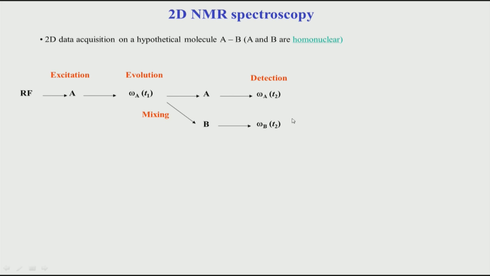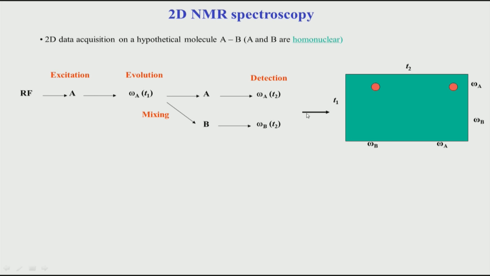When that happens, if I do a Fourier transform, I will get 2 peaks instead of 1. The reason is the following: this combination, cosine omega A T1, remember we saw the cosine modulation in the previous slide, gets multiplied with cosine omega A T2.